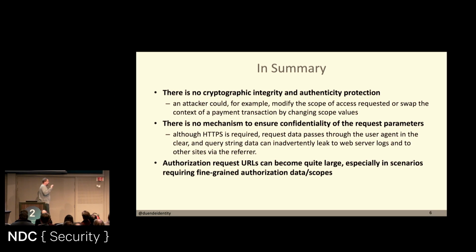Also, I said the spec explicitly allows adding more parameters as you go, right? You could add your own custom parameters. Have you ever seen a scope string which becomes really large because you have so many scopes in your organization? They get bigger and bigger. There are many more things you can add to the authorize request, like RAR, the authorization details, where you add a JSON object that represents your scope, for example.